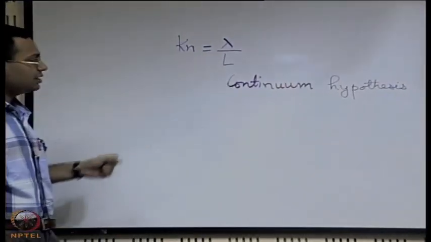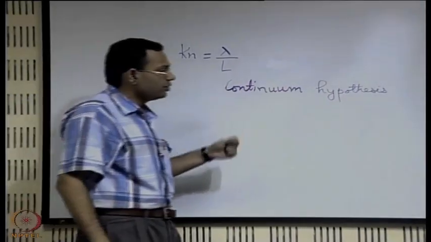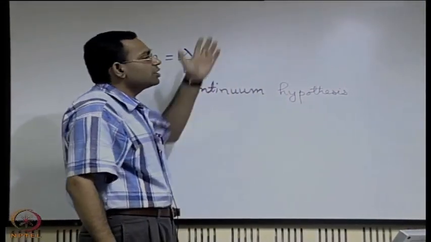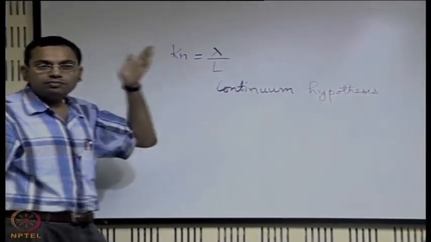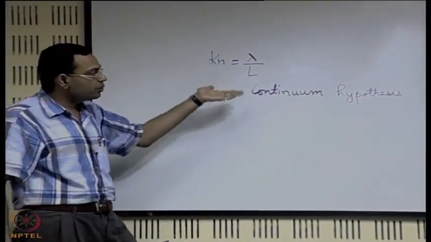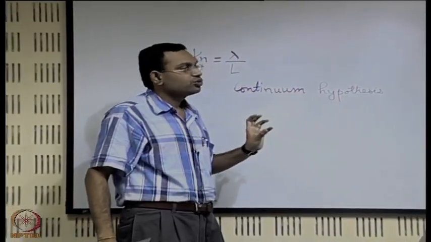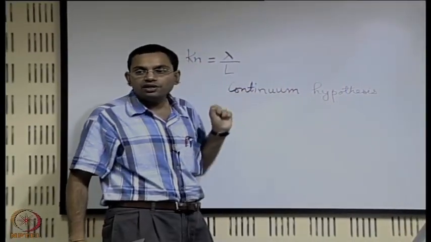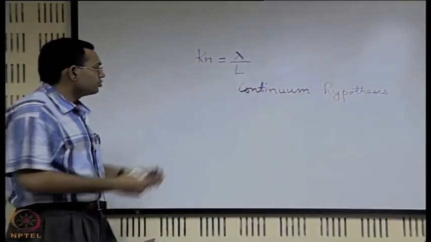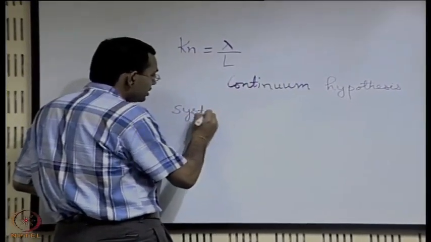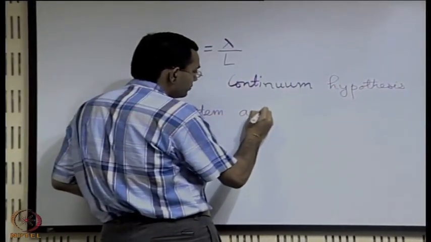Keeping that in view, we will next see how we should describe the fluid as a system, whether in a microscopic or macroscopic viewpoint. For that we will introduce two important concepts, system and control volume.